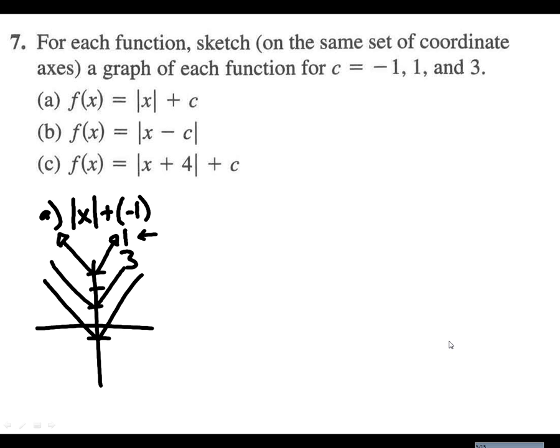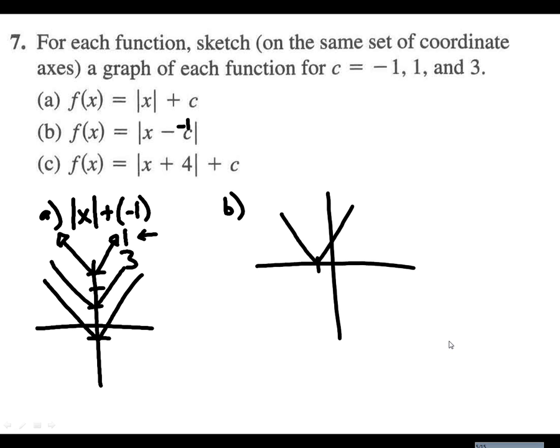For B, same thing. On all of these, we're just going to be shifted left and right by varying amounts. If we put a minus 1 in here, that's going to become a plus 1, and we always do the opposite. So our first one will be shifted to the left by 1.